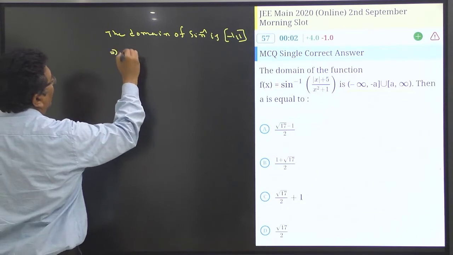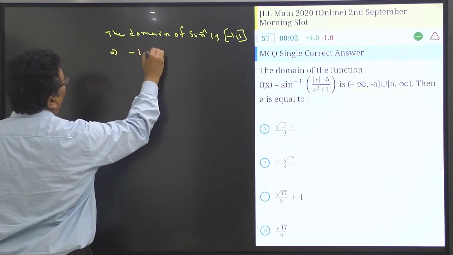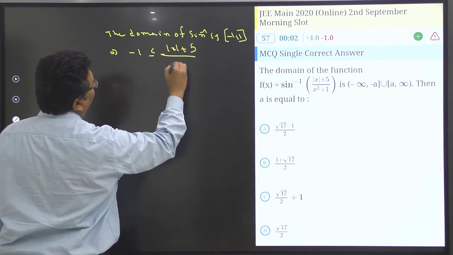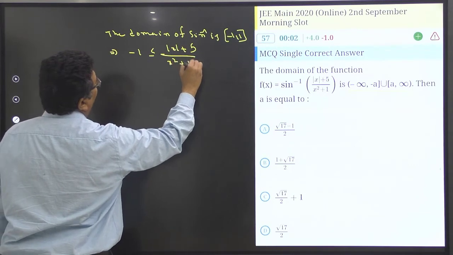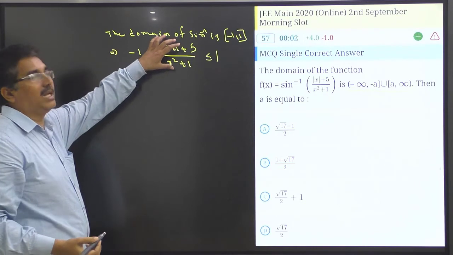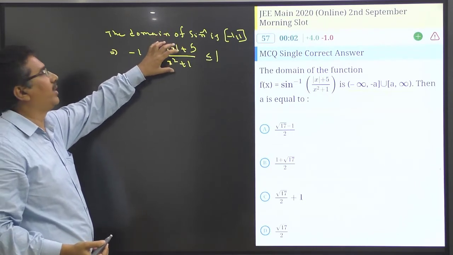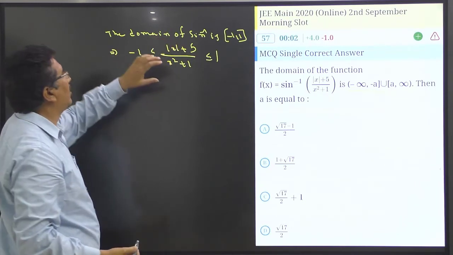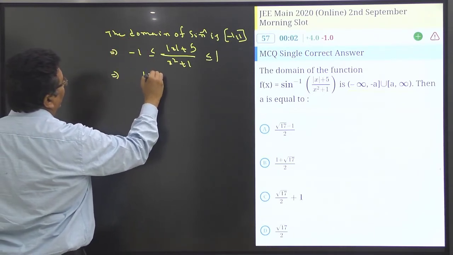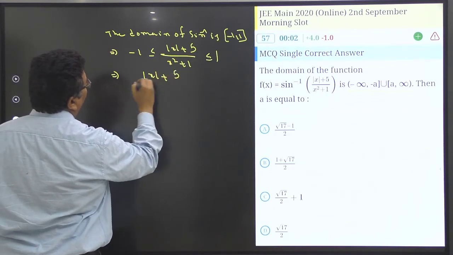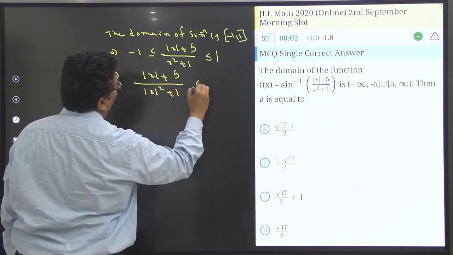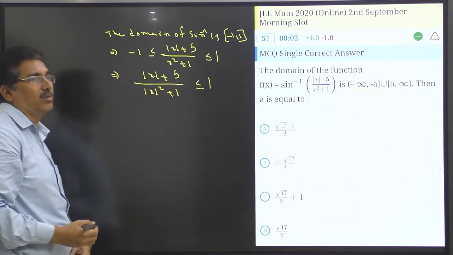That implies the domain of f: minus 1 less than or equal to (mod x plus 5) divided by (x square plus 1) less than or equal to 1. But this value is always positive for any value of x, so neglect this inequality. Simply (mod x plus 5) divided by (mod x square plus 1) is less than or equal to 1.